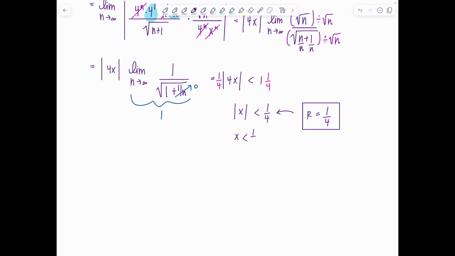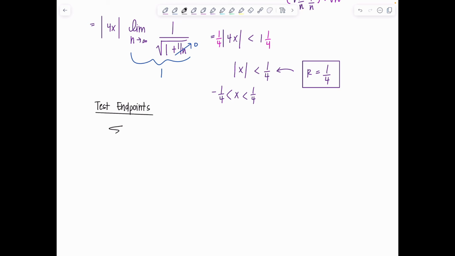Okay, now we have to figure out the interval of convergence. So x is between 1/4 and -1/4. Let's go ahead and test our endpoints. And the original series, let me rewrite it for you. It's the sum, n equals 1 to infinity, -1 to the n, 4 to the n, over rad n, x to the n.